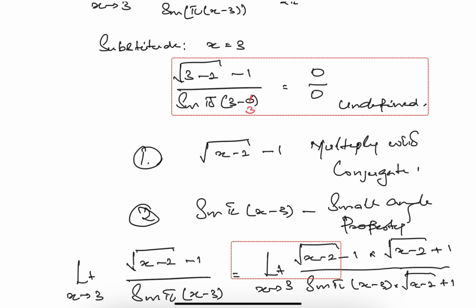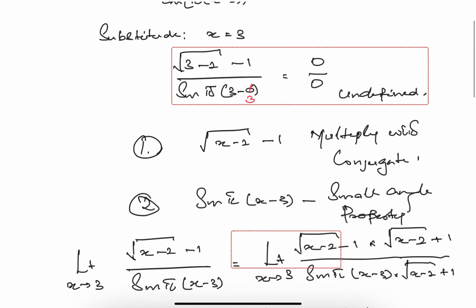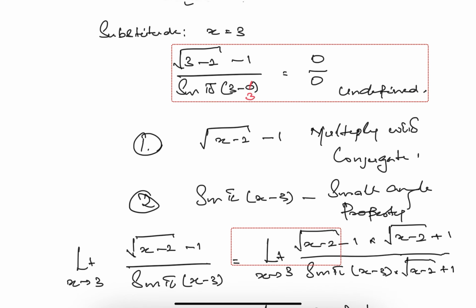So obviously that's not the way we have to approach this. Let's see whether we can manipulate that function in order to get the true value, which is 1 over 2 pi. We have something in the root, root of x minus 2, and minus 1.